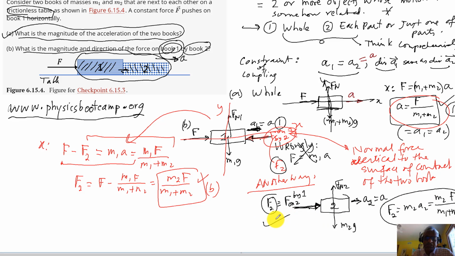So this is another way to get the force between 1 and 2. It uses Newton's third law to get the force on 1 by 2 by working out the force on 2 by 1. Okay, I think this is a good problem.